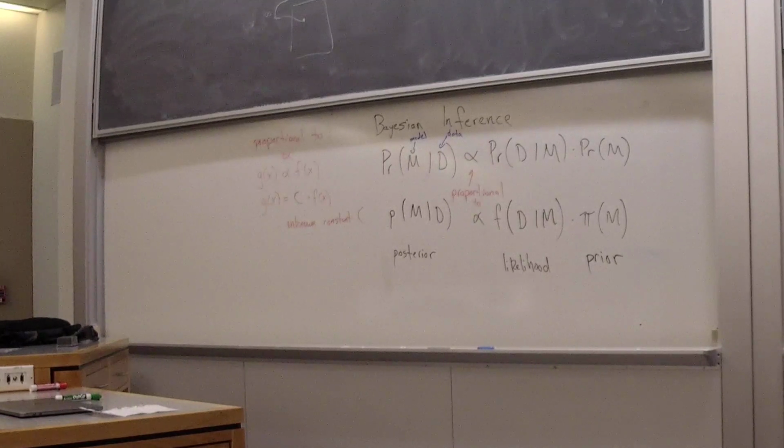So now I can take the product of these two things, and we derive something that could work as this f of the data given m.